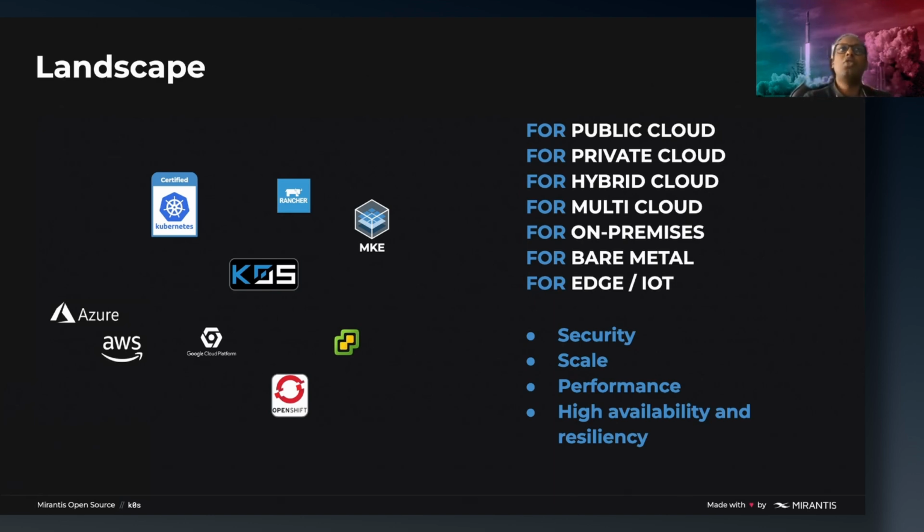I'll go through some of the limitations that I've observed in the next slide. But as part of the landscape, we do have a couple of options. All of these solutions, whether it is Mirantis Kubernetes Engine or EKS, are built to be enterprise ready. They are built to offer proper security components, to comply with Kubernetes scalability requirements, and to provide performance when deployed and configured properly.